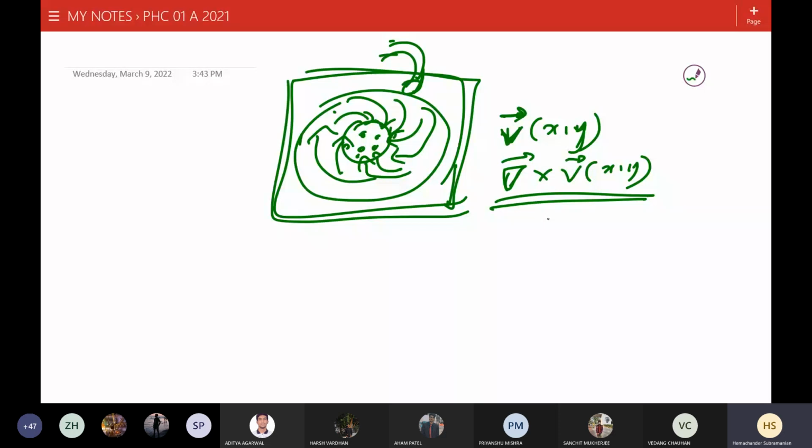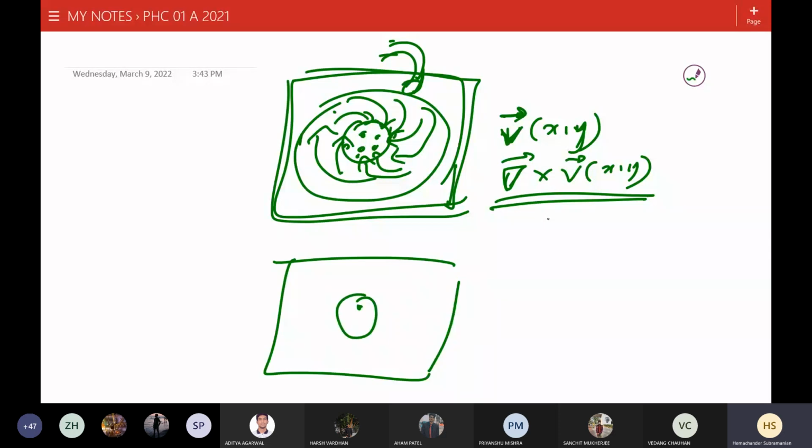Instead, in a case where you have the same faucet, but there is very little water and the water flows right into the hole. In this case, if you measure curl of V, what would you get? Zero, you would get zero. Here the water is flowing directly into the hole.